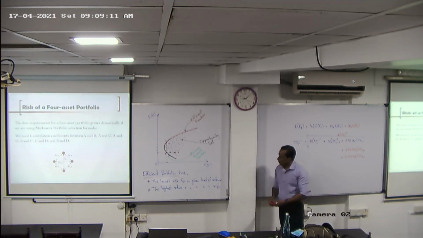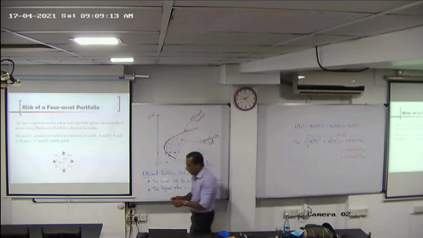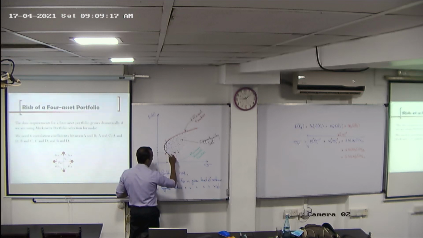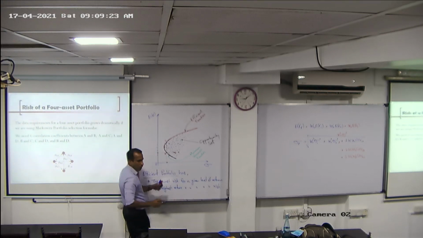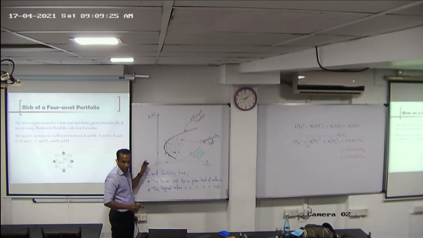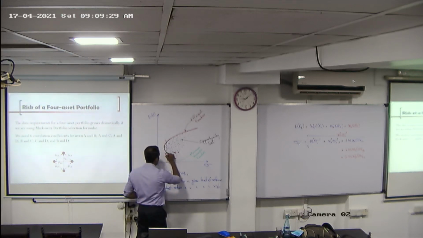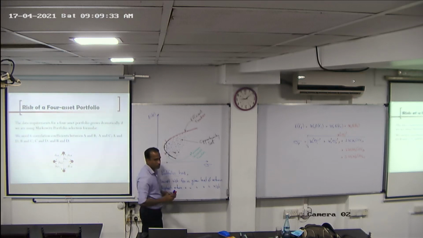Right. So that's why we can easily compare portfolio A and B. When we compare portfolio A and B, we know B is better. Right? Why? Same return, but lower risk. And when you have to compare portfolio B and C, that's easy. So we know C is better.